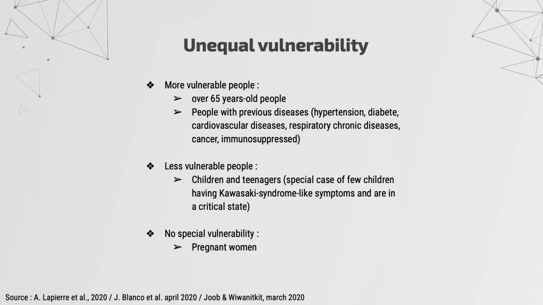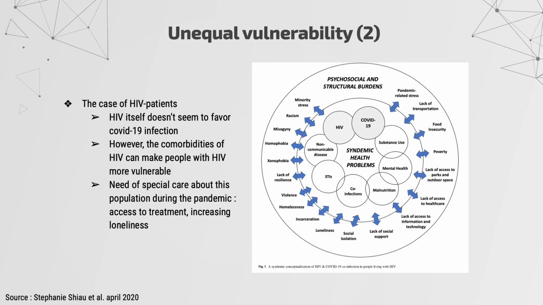Finally, there was the question of the pregnant women. Apparently, they don't tend to be more vulnerable than other people, so that's a reassuring point. Finally, in terms of vulnerability, there is the question of people having HIV. It doesn't seem that HIV itself favors the infection of COVID-19.